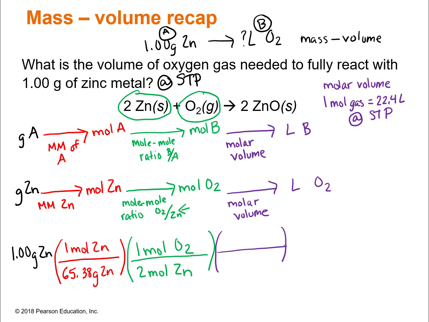Okay. The final step with this is using molar volume. We have a unit equation here. 1 mole of gas is equal to 22.4 liters, and this is at STP. We can write 2 unit factors.